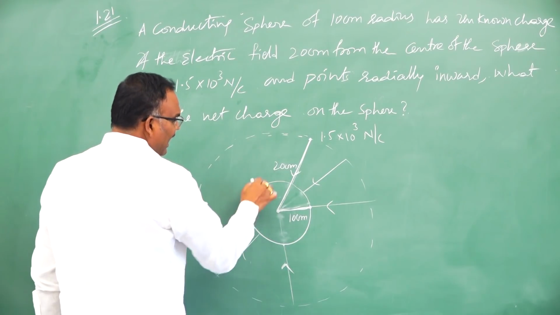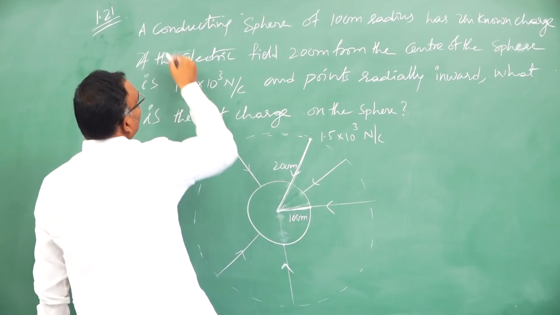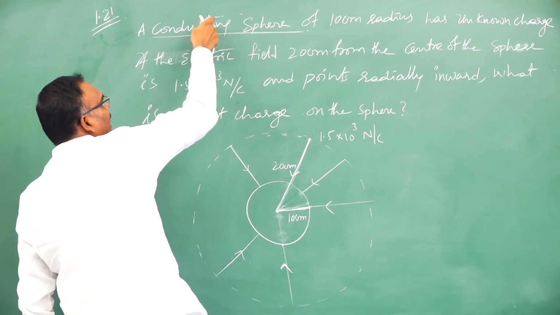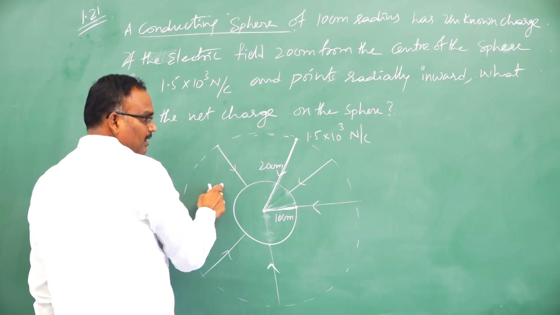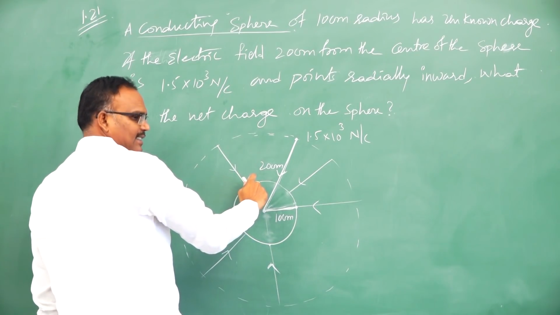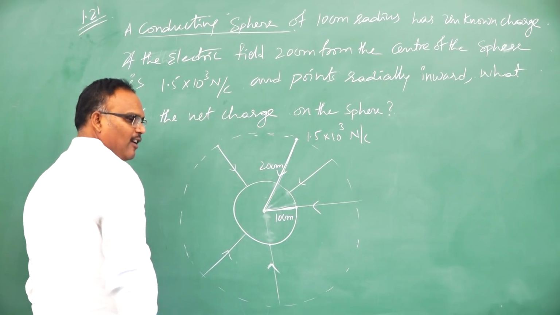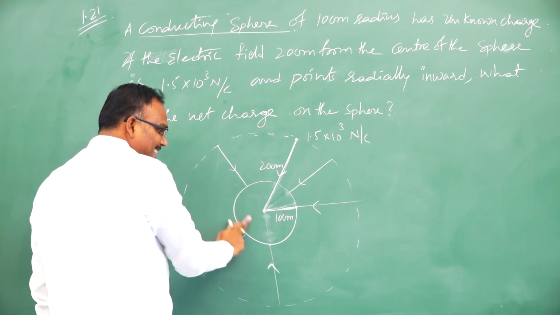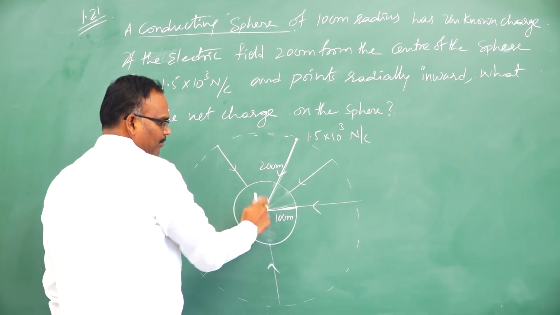So field will be radially inwards up to the surface, because it is a conducting sphere. In case of conducting spheres, charge resides only on the outer surface. Field lines will be perpendicular to the surface. We have already studied all these points in properties of electric field lines. Electric field lines never pass inside the metal sphere.